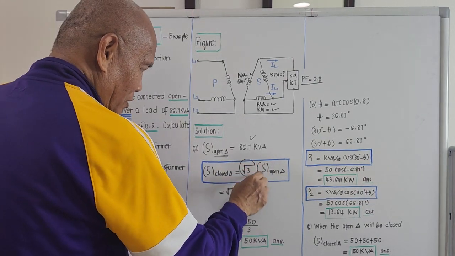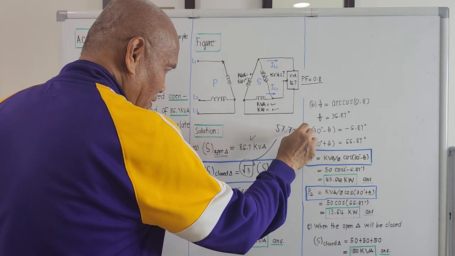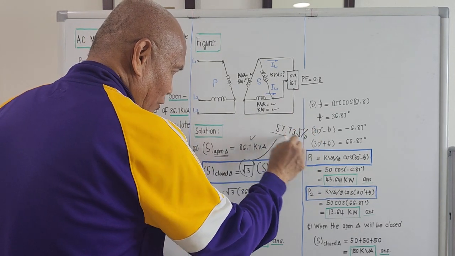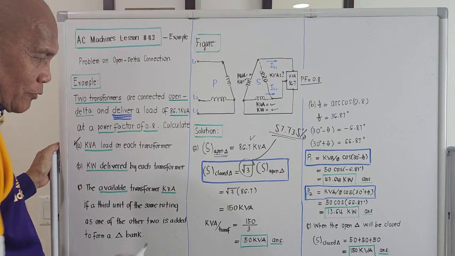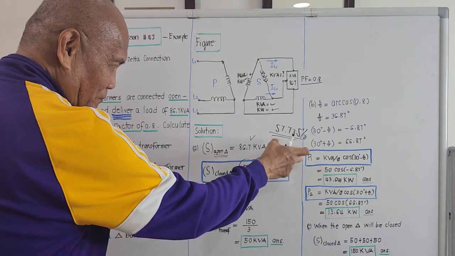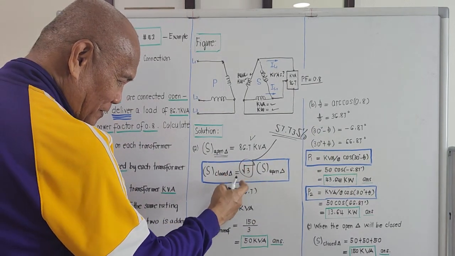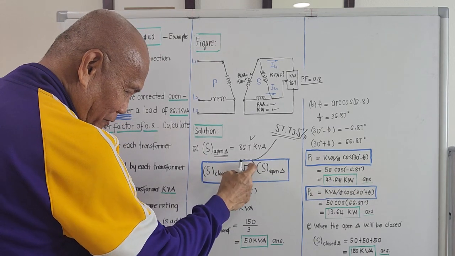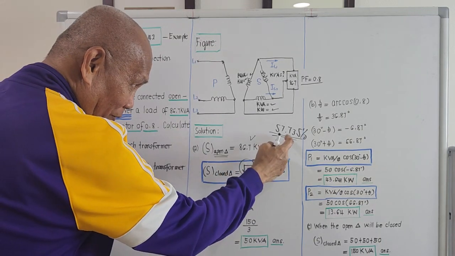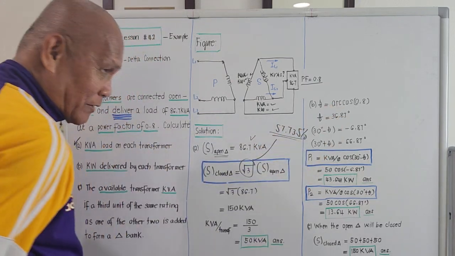This is where the 57.735% from our annotation comes from. The relationship of the apparent power for an open delta and closed delta is 57.735%. If we compute it, it should be the closed delta divided by square root of 3, or it will become 57.735% only.